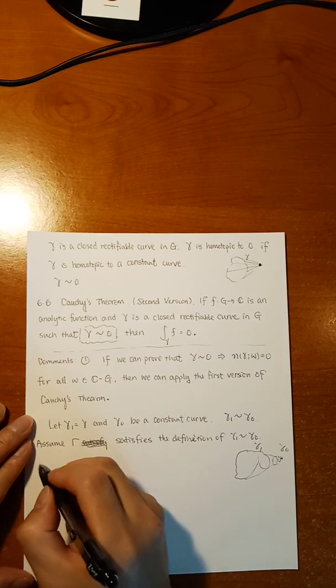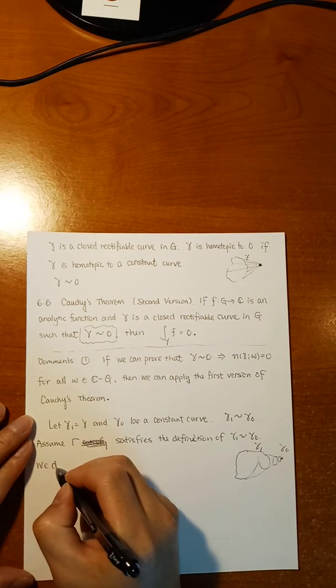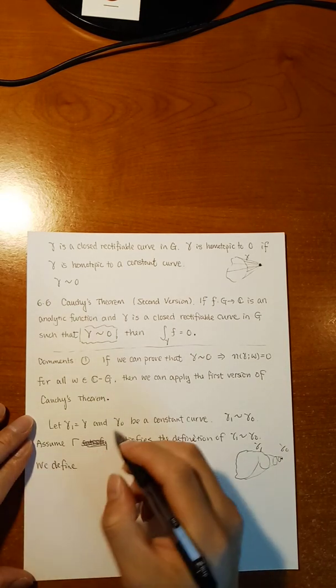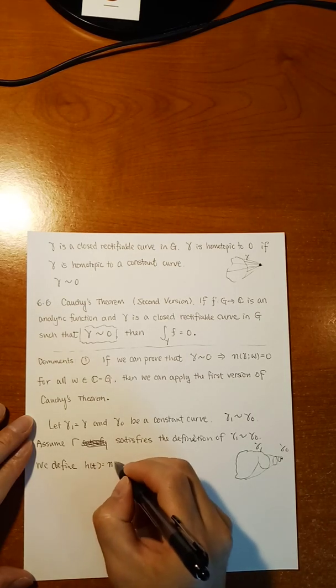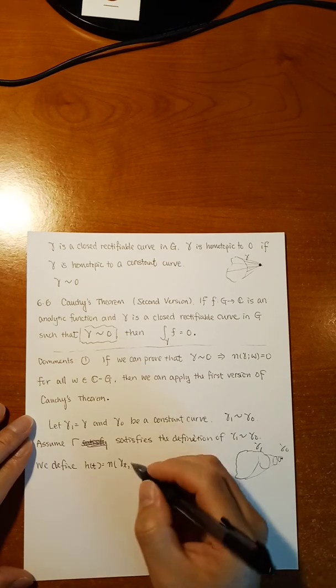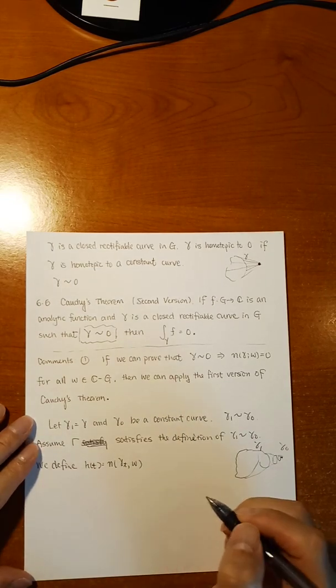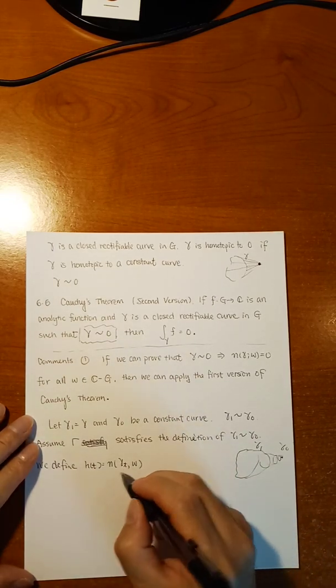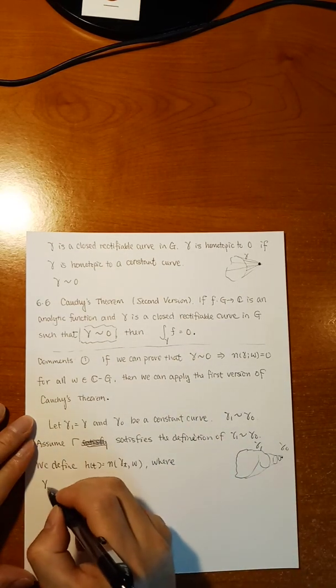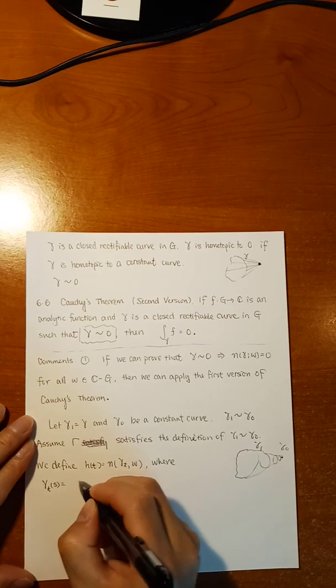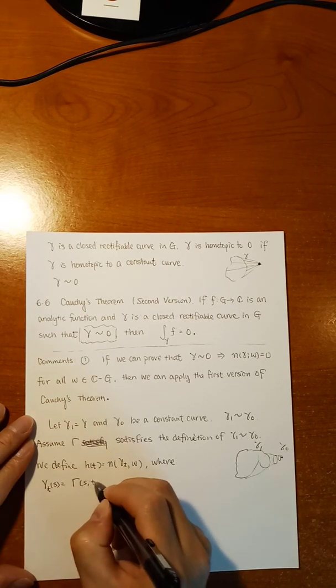And then we define what? We define h of t, a function h of t, to be the winding number of gamma t with respect to w. What is gamma t? Where gamma t of s is equal to capital Gamma s of t.